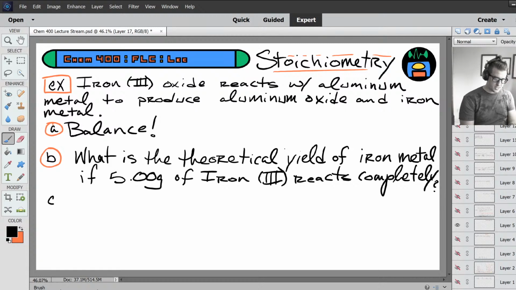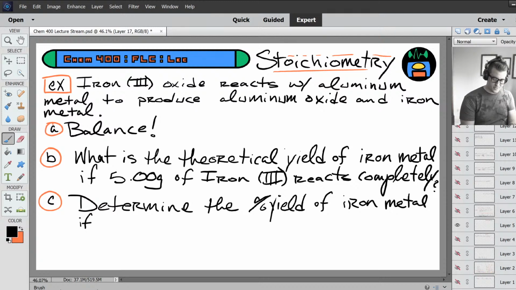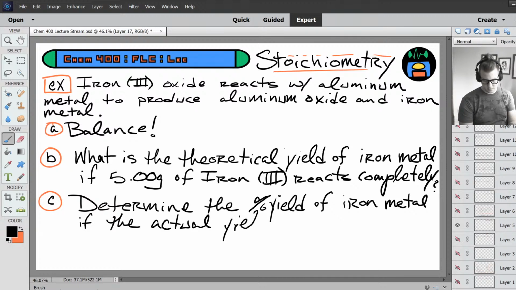And then part C, determine the percent yield of iron metal if the actual yield is 3.32 grams.